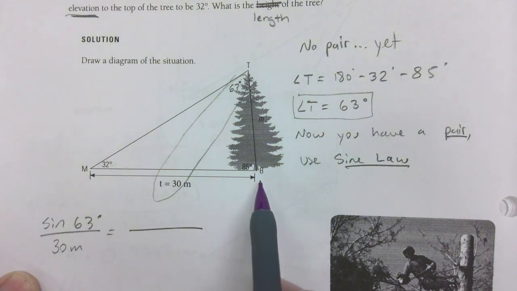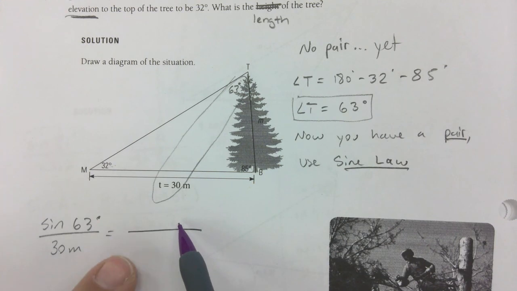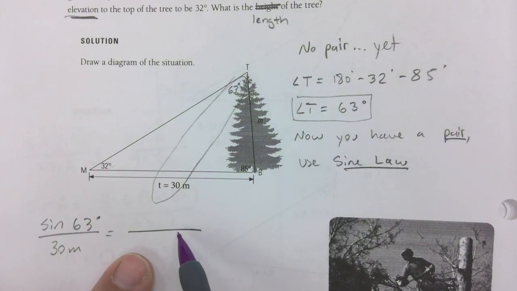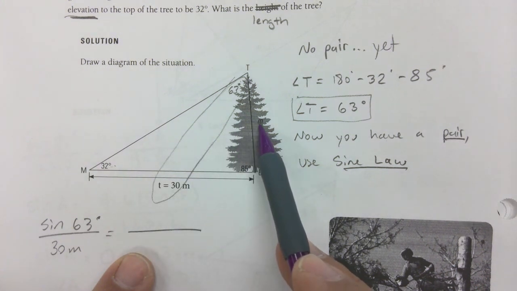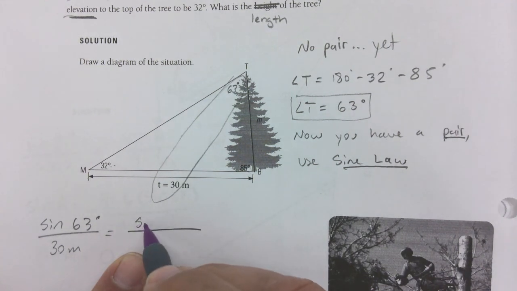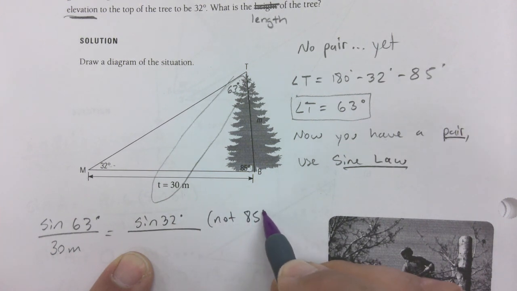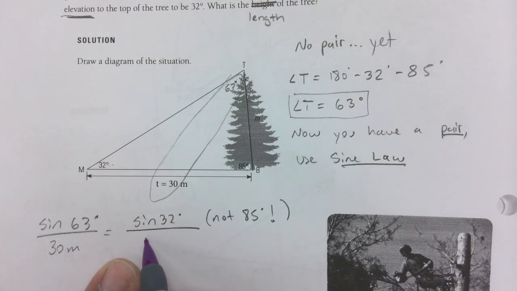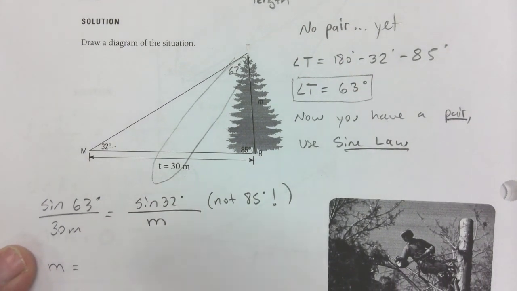So here, again, this is the tricky part: you need to pick the right angle on the other side based on what they're asking you for. So you have to pick 32 because it's across from M. If you picked 85, you'd be finding this one, which they're not interested in. So sine of 32, not 85, over M. I'm going to erase this M here because I don't want you to mix up the M's.